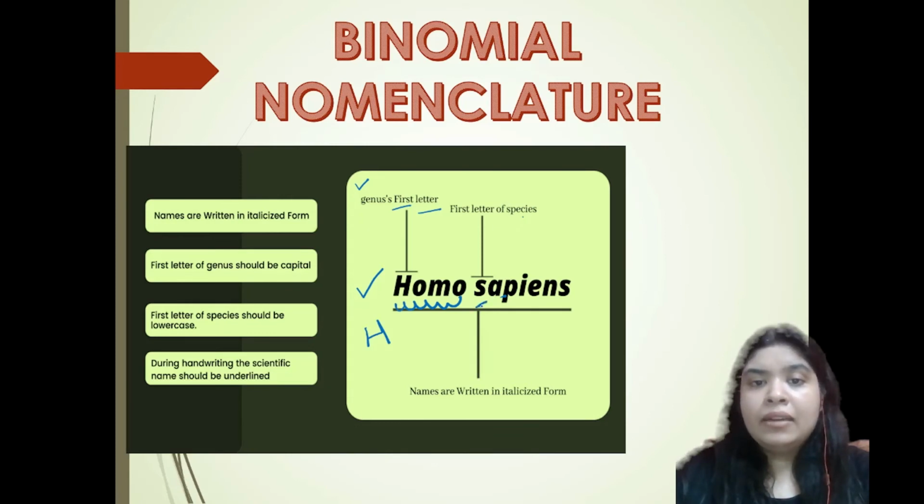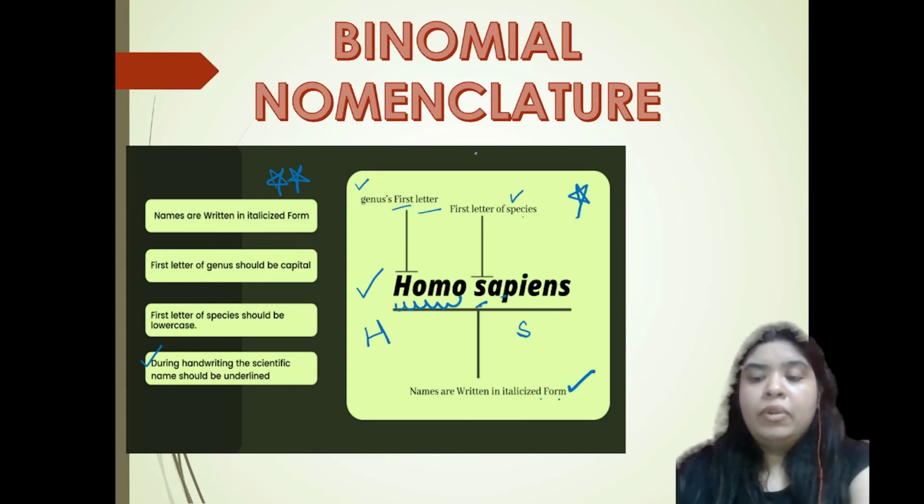The first letter of the species, S, is always small only, so small s. Names are written in italics when in print, and when handwritten, they should be underlined. These are important rules which you need to always remember when you are writing the binomial nomenclature of any organism. All right, hope this is clear to you.